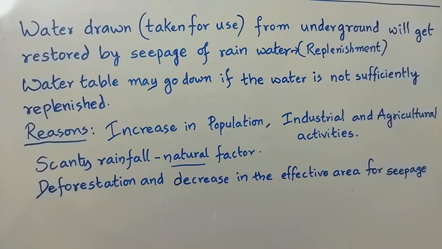When more land area is occupied by buildings, open area will get decreased. When open land gets decreased, the seepage of rainwater into the ground also gets decreased, because the seepage of rainwater takes place through open land.